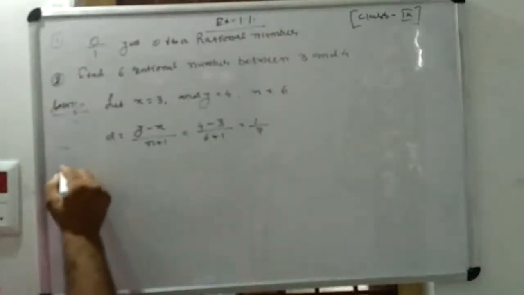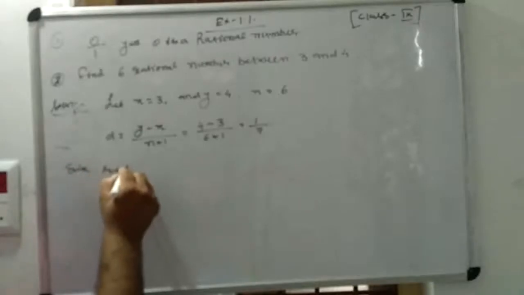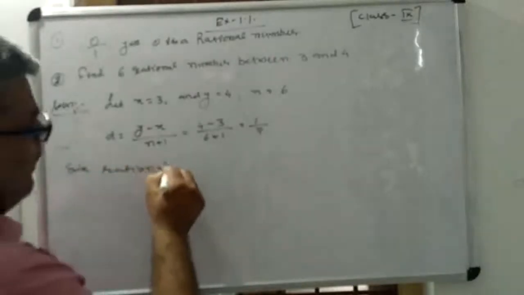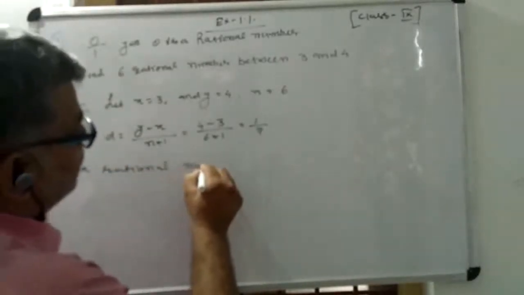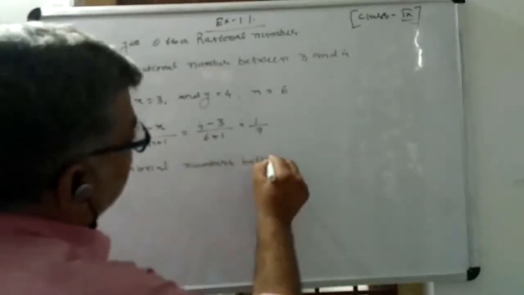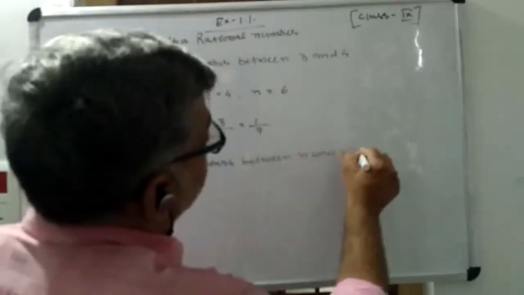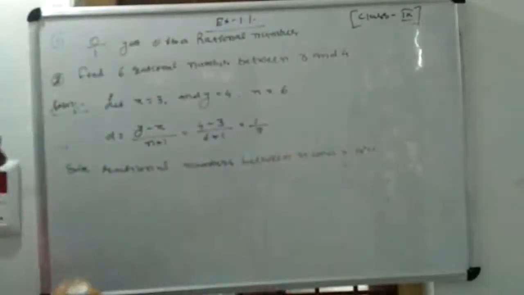Now the 6 rational numbers between x and y, what will they be?